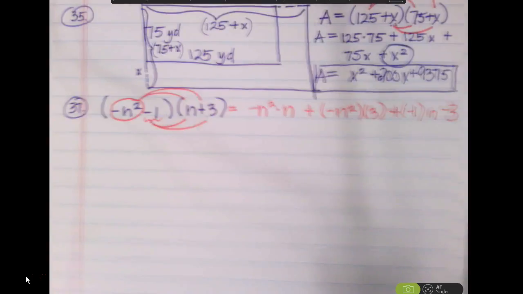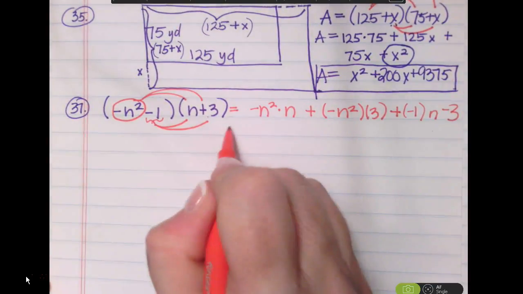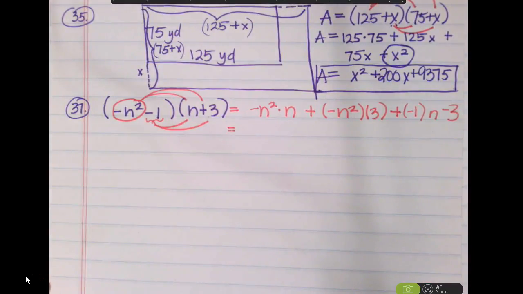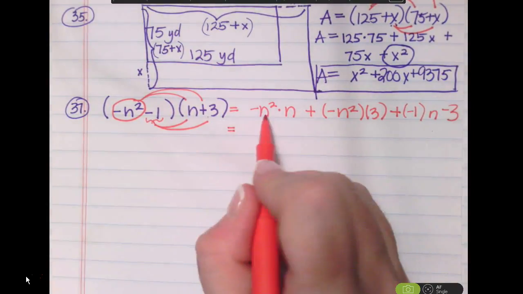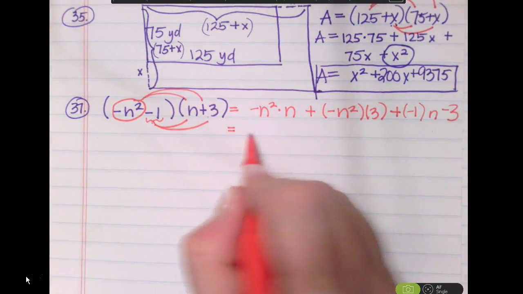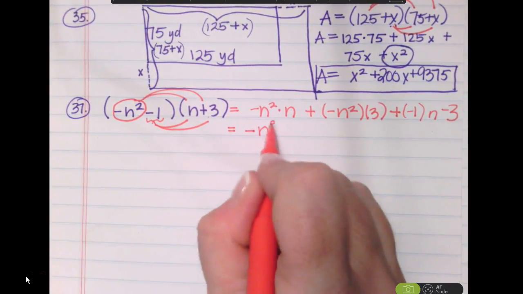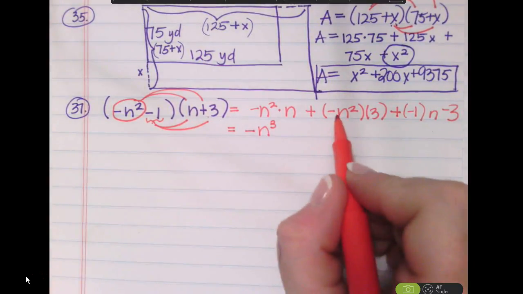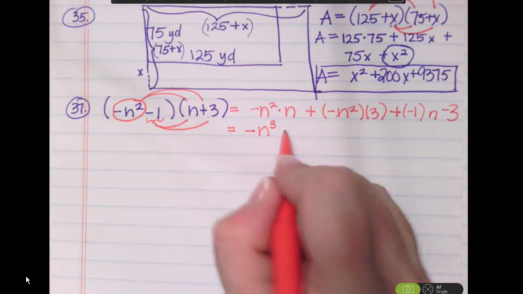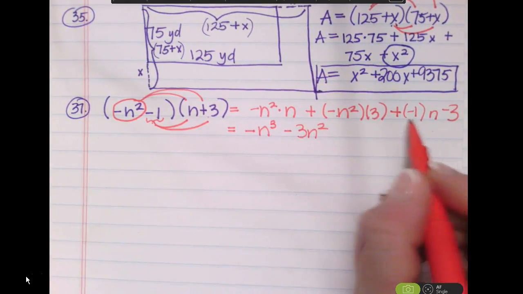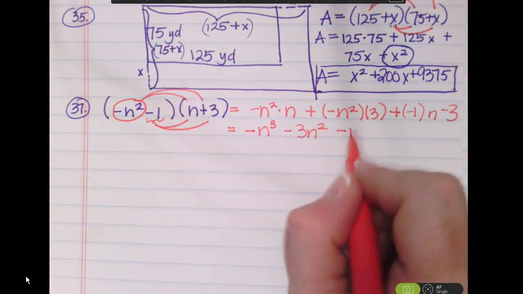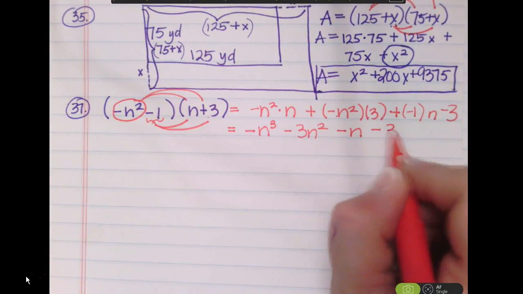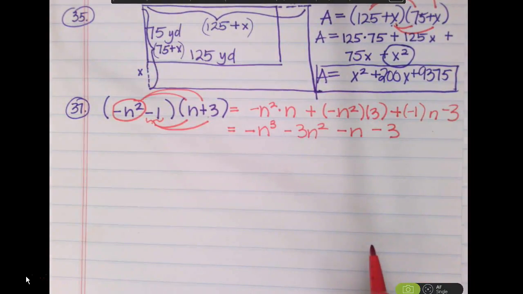So now I'm ready to do some multiplying, and then I'll see if there's any like terms that I can combine. So negative n squared times n is negative n to the third, and then negative n squared times 3 is minus 3n squared, negative 1 times n, and minus 3. So no like terms.